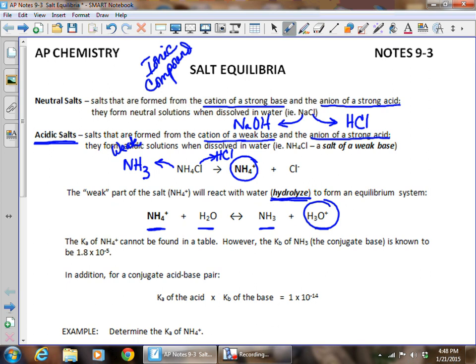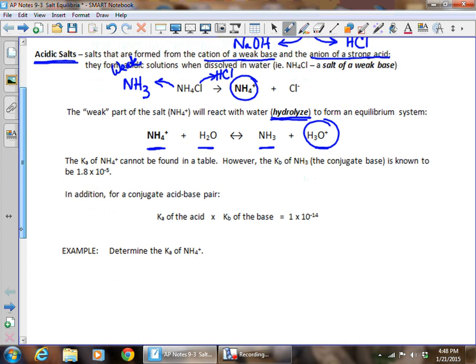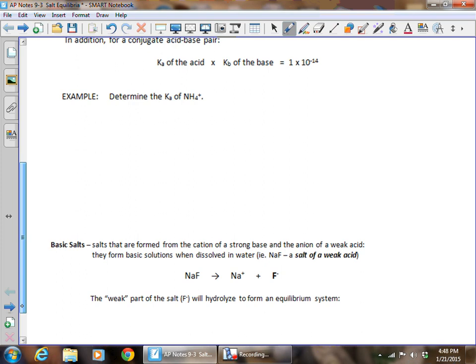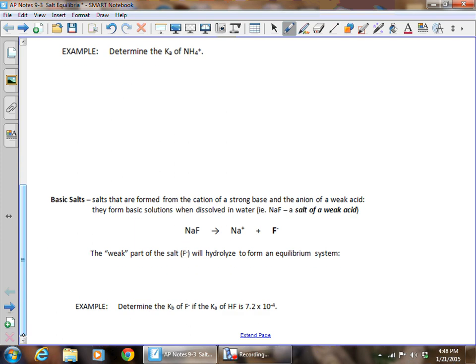Now I want to move on down to the bottom, and let's look at what happens with a basic salt. Okay, with this basic salt, what we have is the cation of a strong base and the anion of a weak acid. So look at its parents. The parent base is going to be NaOH, and remember, sodium hydroxide, group 1A hydroxide, is strong.